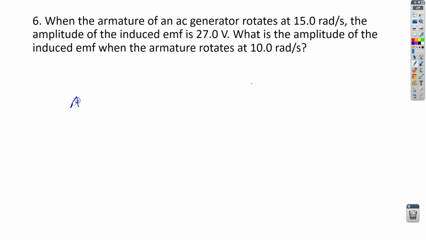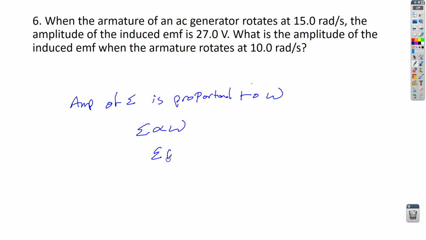We know that the amplitude of E is proportional to omega. So this would be our EMF. This is our angular frequency or angular speed in radians per second. So we know that E is proportional to omega.